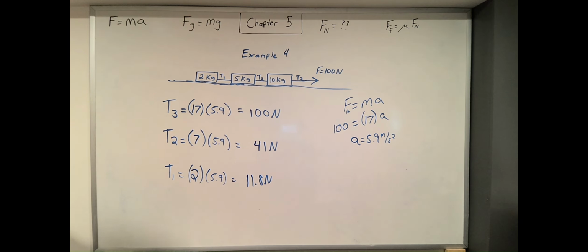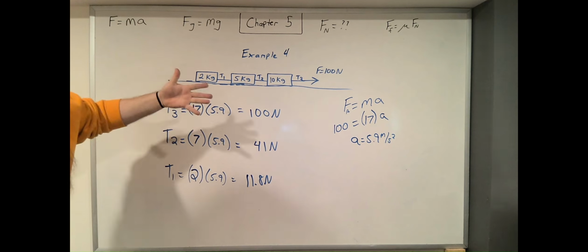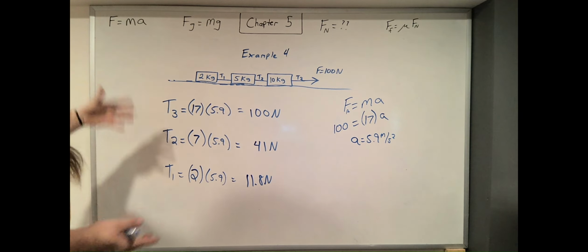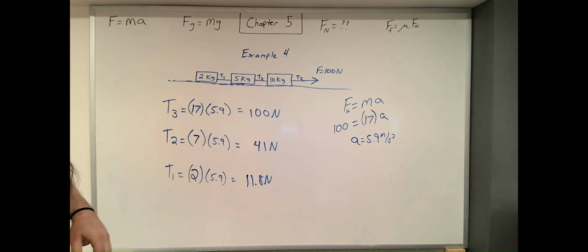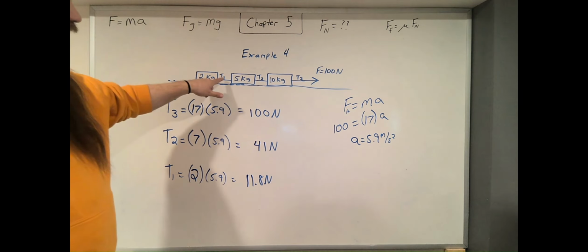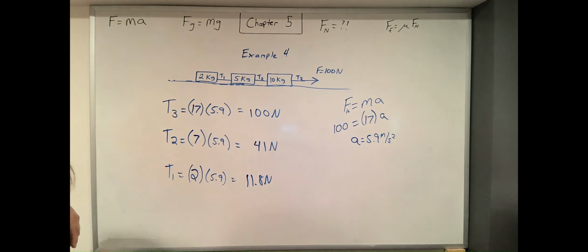So if you're developing some kind of setup, like maybe a train system or a conveyor belt, it's important to know how much mass is at what point on the belt, because that'll dictate how much tension each of these needs to withstand. This is why we have limits for elevators or escalators.